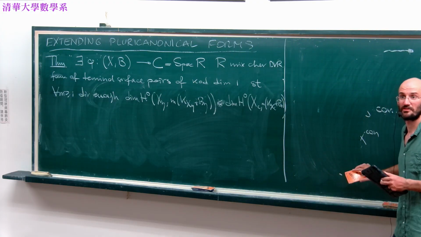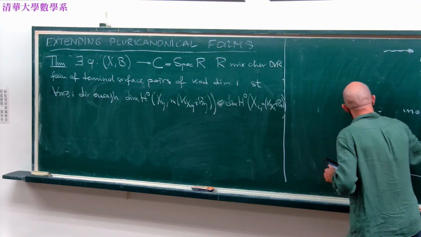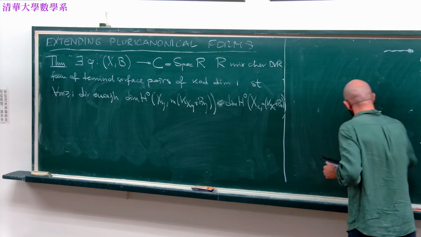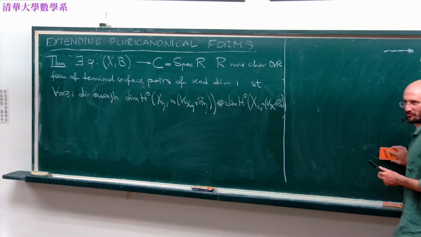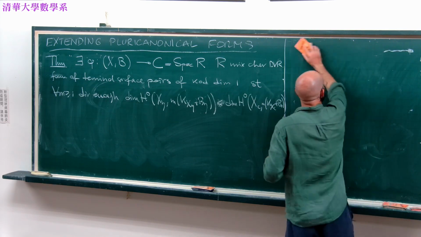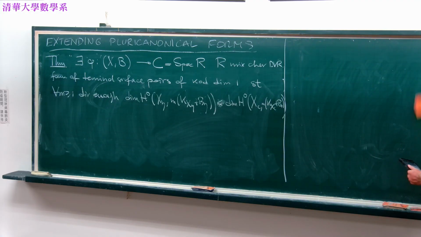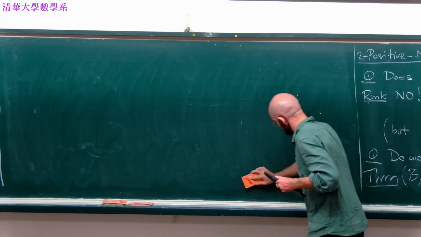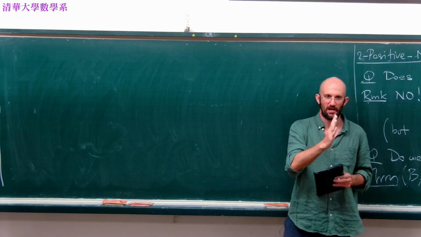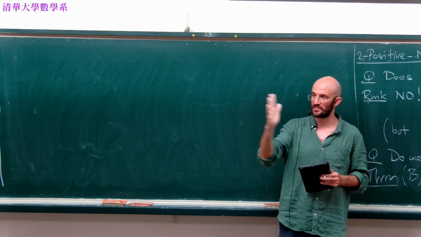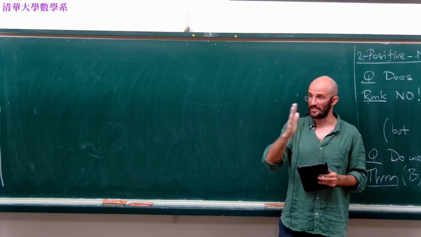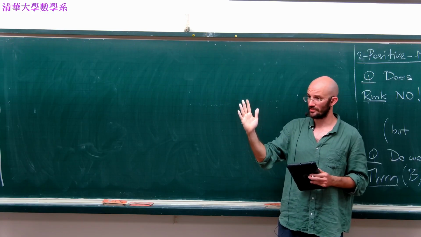Now, okay, I need to speed up a bit. Let me give you the construction, sort of how do we get this thing. So what we are going to leverage is the fact that in characteristic 0, if you take an abelian group scheme over a base, then it's always smooth.